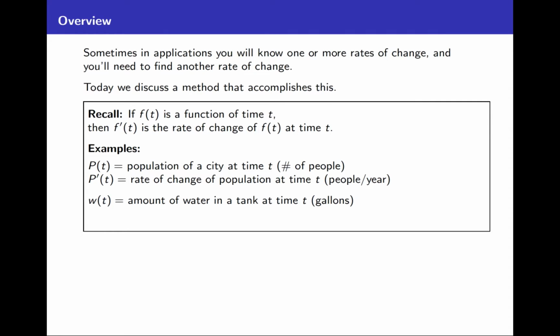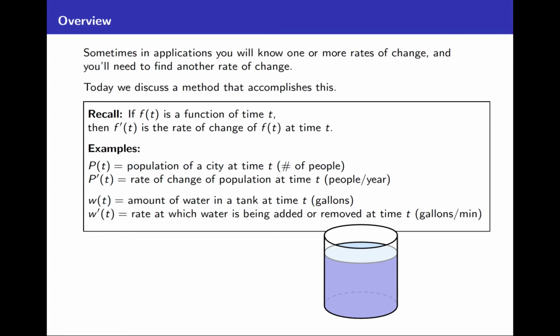For another example, W of t might represent the amount of water in a tank at time t, and that's number of gallons, say. And you can imagine this tank might be filled up or drained, so the amount of water at time t is continually changing. And W of t tells you the number of gallons in the tank at time t.